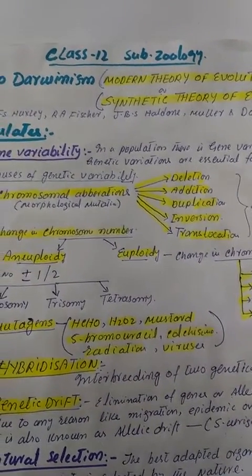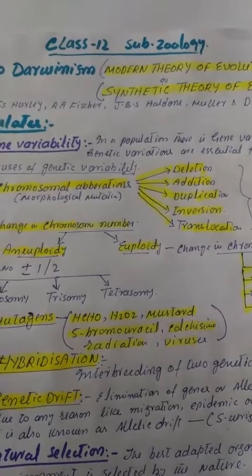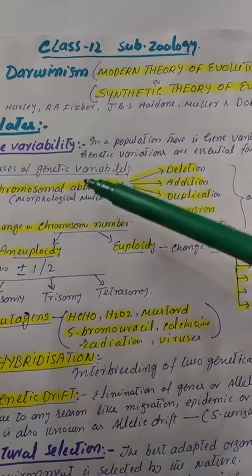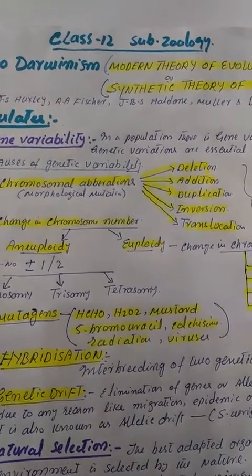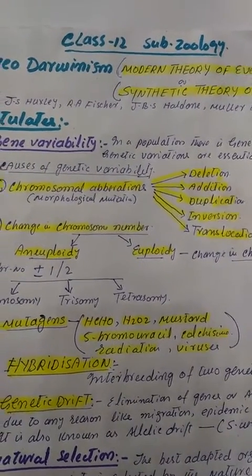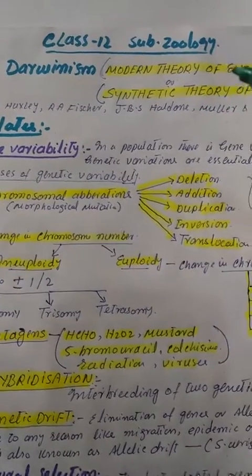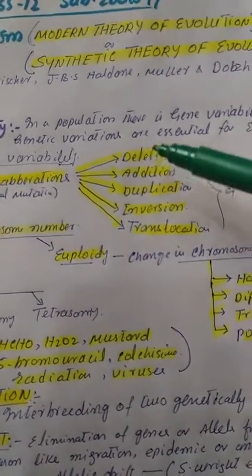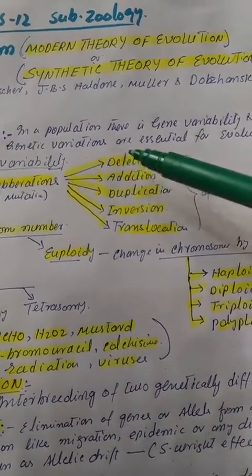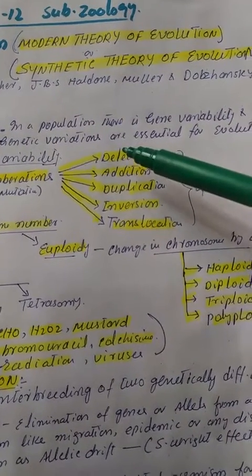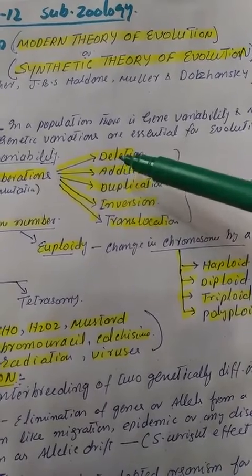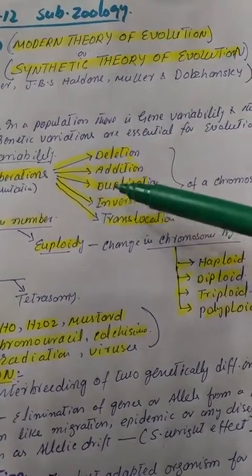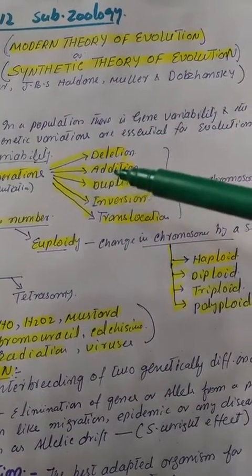The most common among them are, first, chromosomal aberration, also known as morphological mutations. These chromosomal aberrations are due to deletion, that is the loss of a chromosome, or addition, that is the addition of a chromosome, or it may be due to duplication, inversion, and translocation of the chromosome.